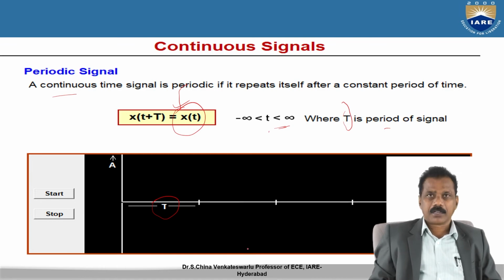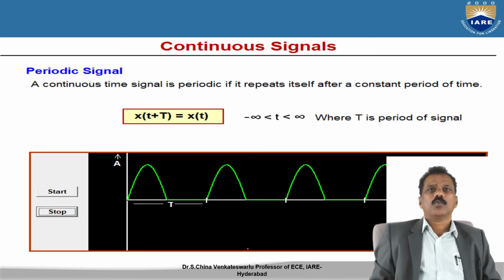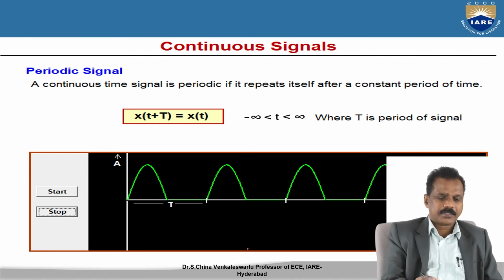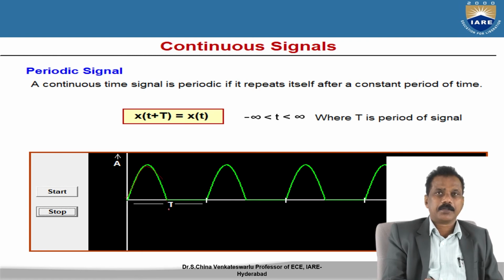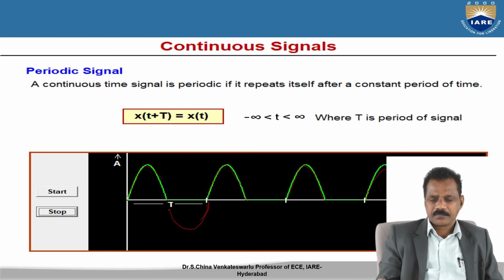How do we verify the graph in real time? Go on using the periodic signal. With these t values, only the positive peak appears. There is no negative peak here, isn't it? Only the positive half cycle.